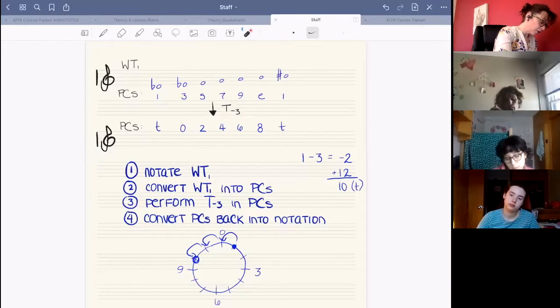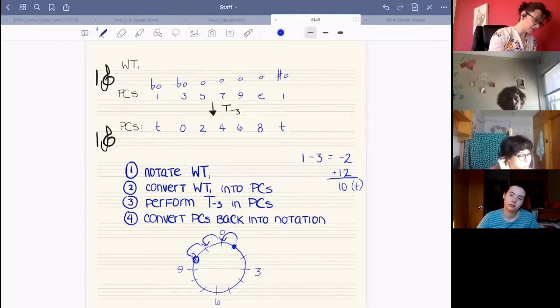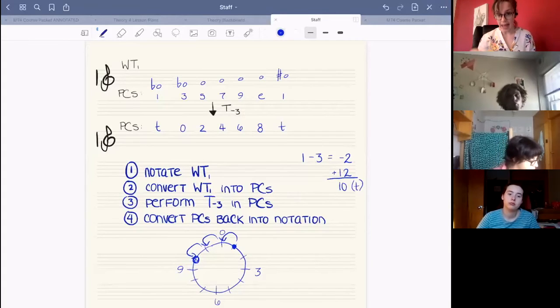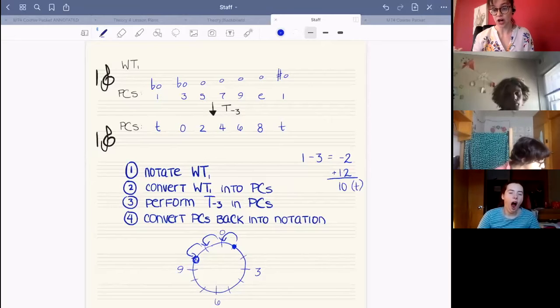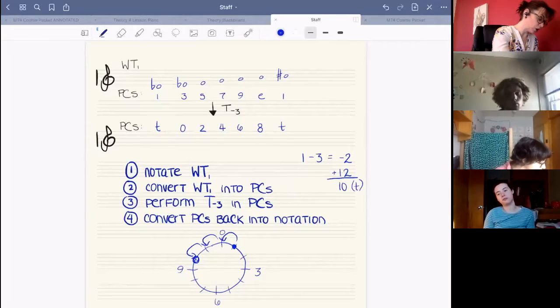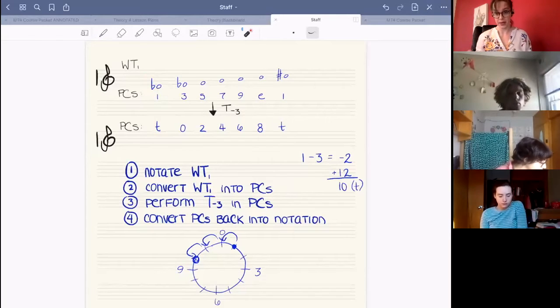So because of that, and because of how I notated my scale originally, I am going to be transposing down by 3 semitones. So this T that I have right here, that's got to be an A sharp or a B flat that is below my original pitch.